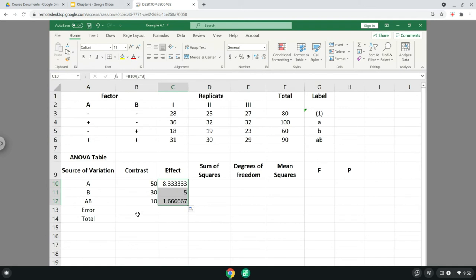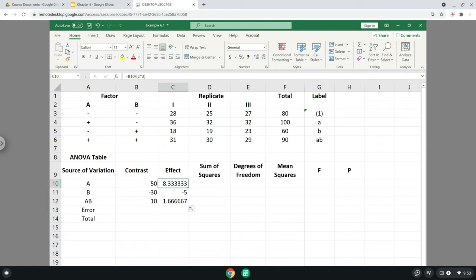So let's look at these effects. So factor A seems to have the highest effect on the process yield, right? It's a positive effect, high positive effect. So more the reactant concentration, more the yield looks like. Factor B, which is the amount of catalyst, looks like the second significant effect, and negative effect.